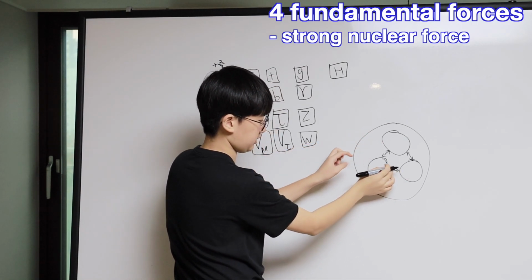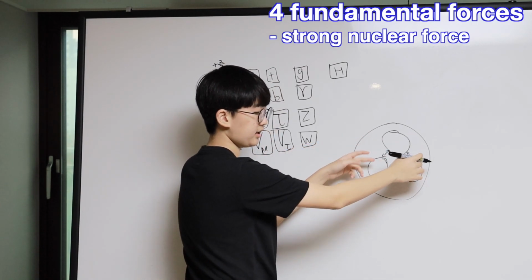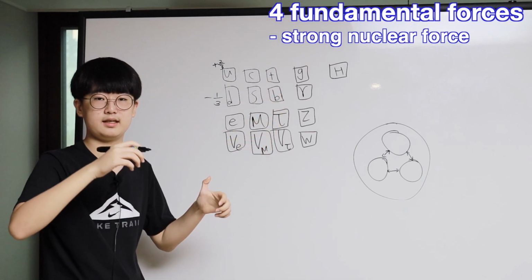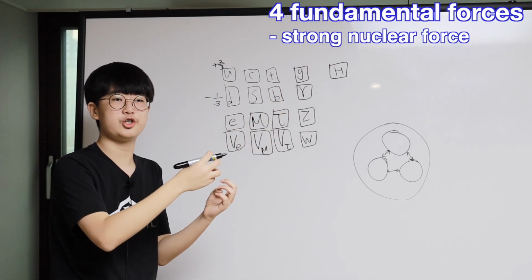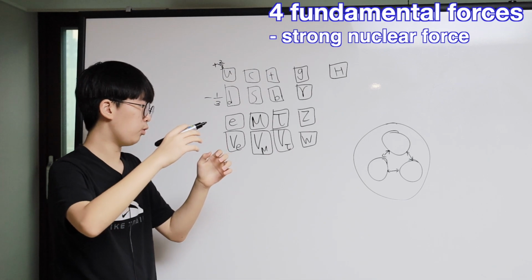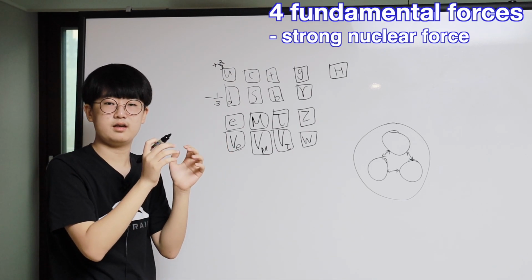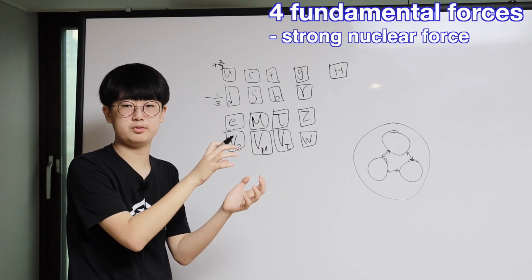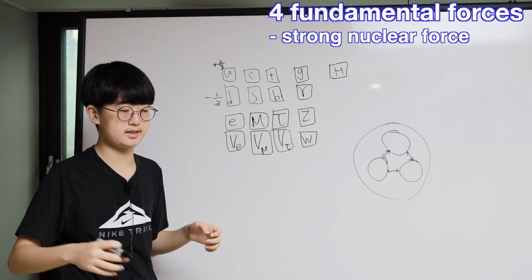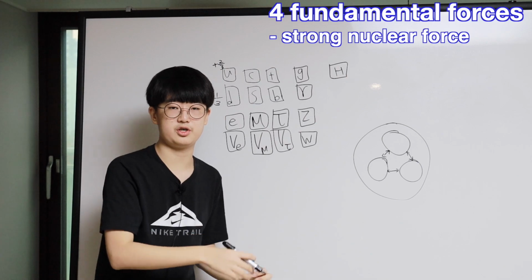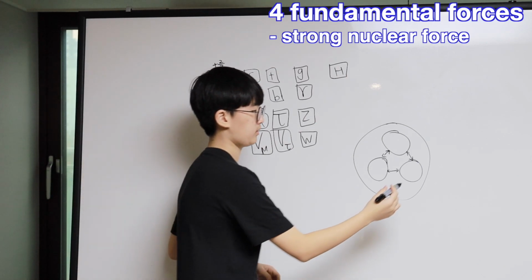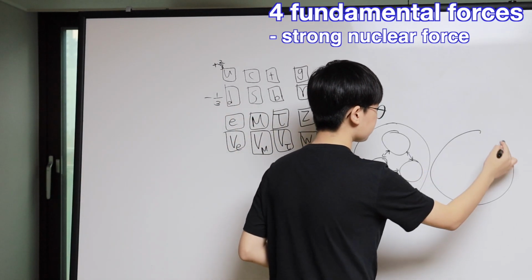Basically there's a little connection there made up by gluons, and this force is so strong that it holds quarks together and makes the proton able to exist. And the same for the neutrons. And also, here's a neutron.